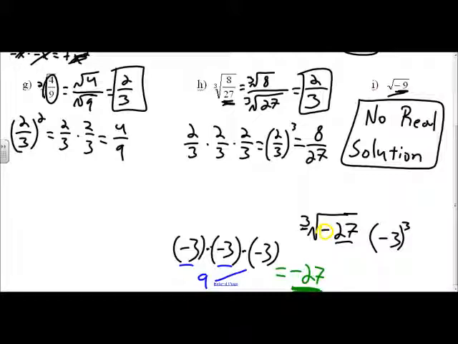So in the end, we have a negative that we're looking for. So anytime that you have a negative under the radical, the root that you're looking at has to be odd. If it is even, then there's going to be no solution. If it's odd, then there can be a real solution.